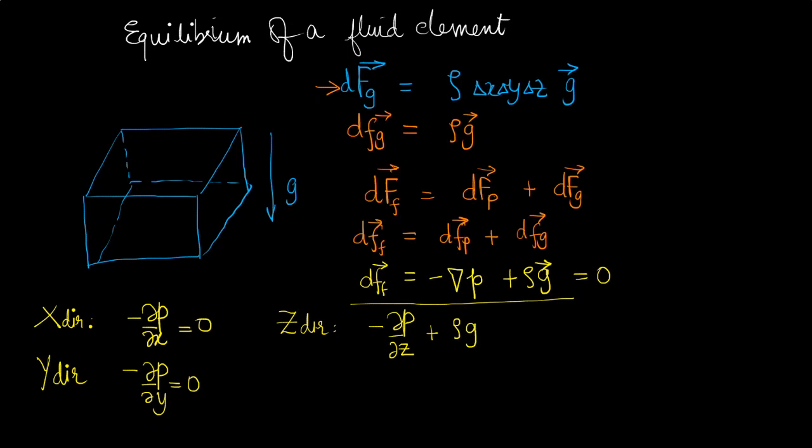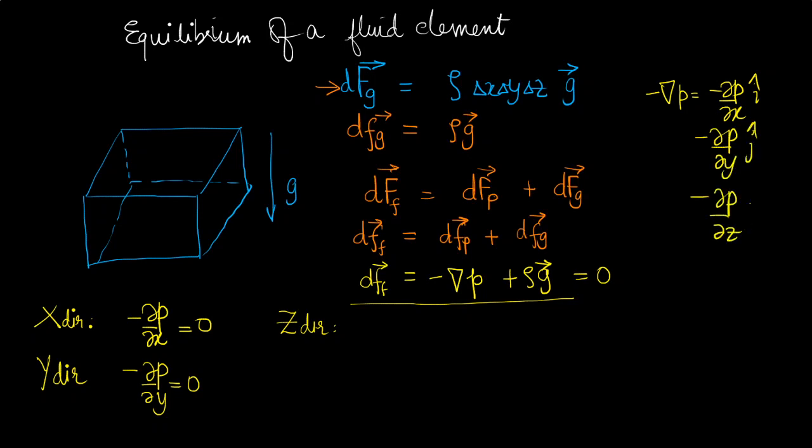So in fact, let me show you how to properly and rigorously write this. Minus gradient of p, the components are actually minus del p del x i, minus del p del y j, minus del p del z k.